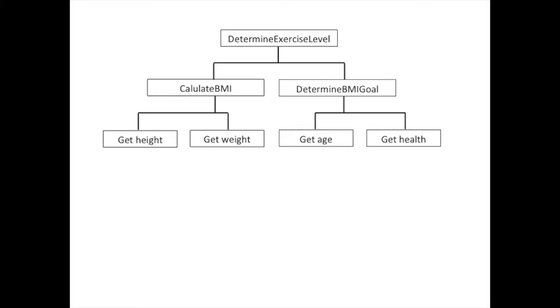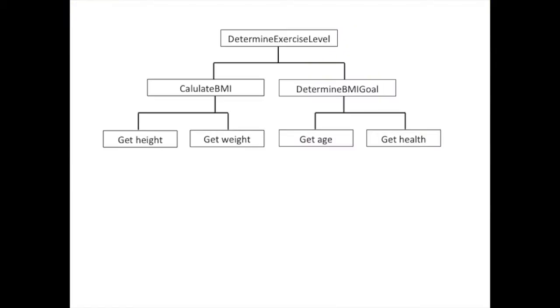Here's what that looks like as a decomposition chart. The overall problem is to determine the exercise level. The two subproblems are calculate BMI and determine BMI goal. I can decompose calculate BMI into get height and get weight, and determine BMI goal into get age and get health.